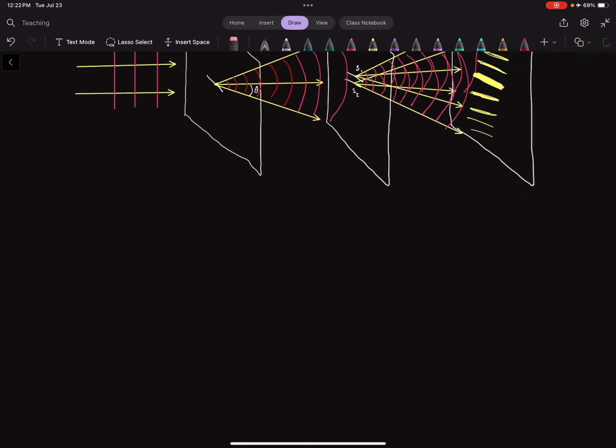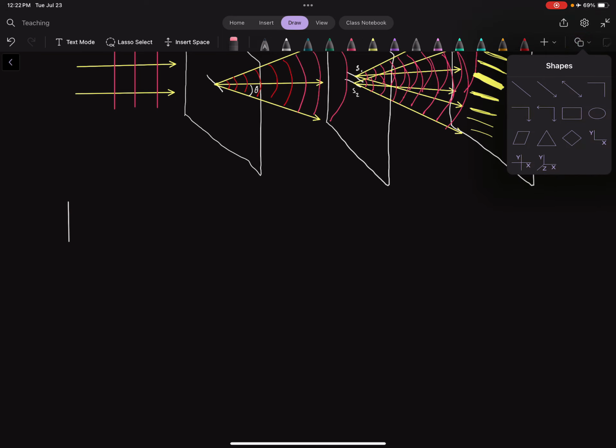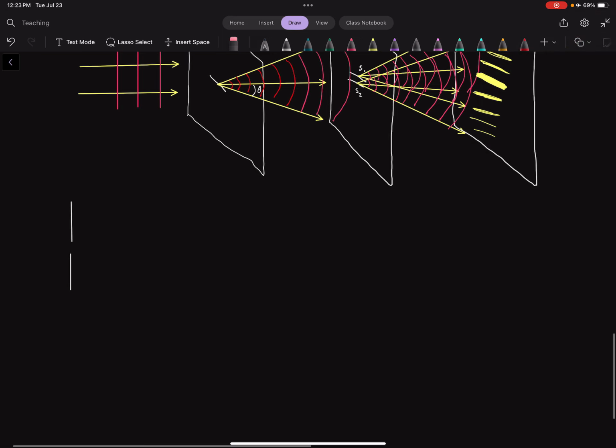We have here, and here are two slits, right? So this is like S1 and this is like S2. And the distance between them we're going to call D.